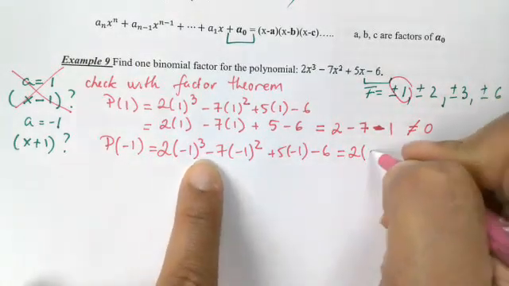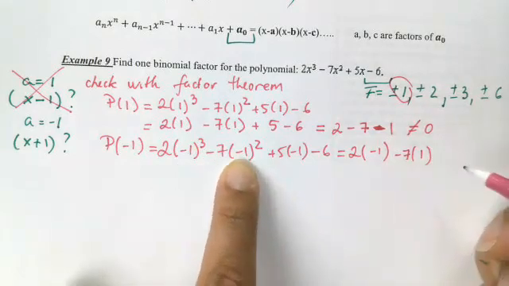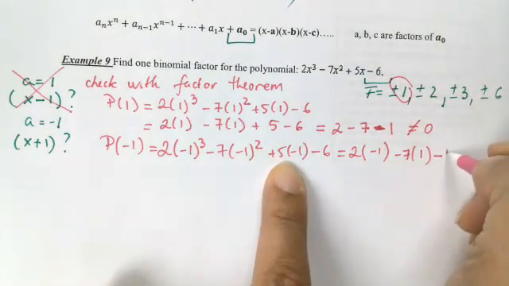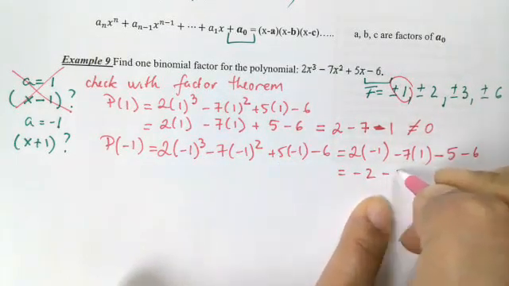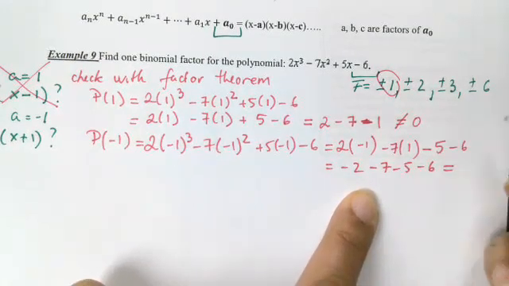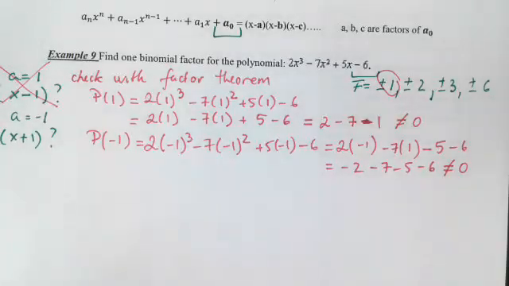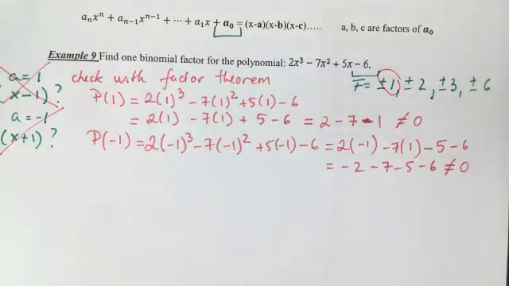So 2 times -1 from -1 cubed, -7 times +1 from -1 squared, and then minus 5 minus 6: -2 minus 7 minus 5 minus 6. Is that equal to 0? No, because they're all negative. All I need to figure out is whether it's 0 or not. If it's not 0, move on. So no good. Not positive or -1.